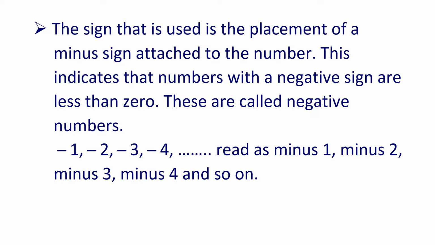These are called negative numbers. As you can see children, I have shown minus 1, minus 2, that is, the minus sign will come before the number and you can read as minus 1, minus 2, minus 3, minus 4 and so on.